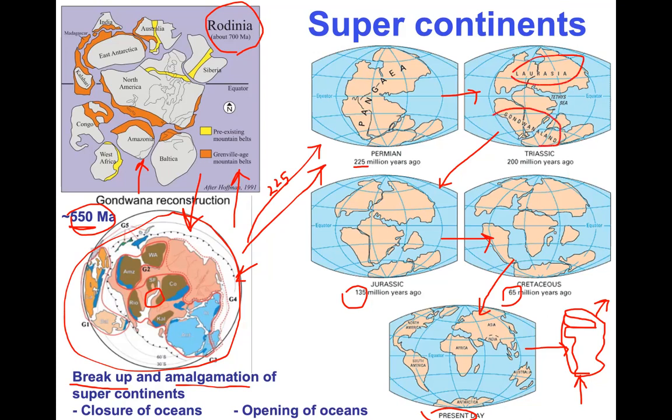Actually, you are correct. It's in the process of breaking of this main Gondwana supercontinent, which was broken into two parts. The northern part was called Laurasia, and the southern part was termed as Gondwana land, right?